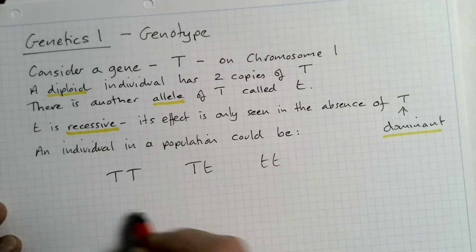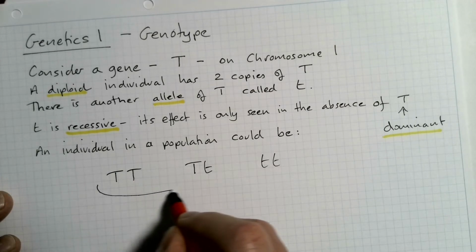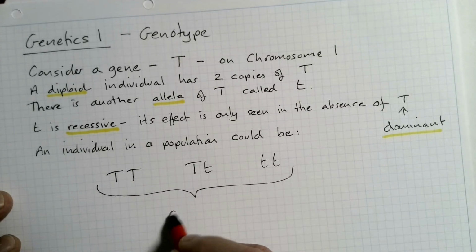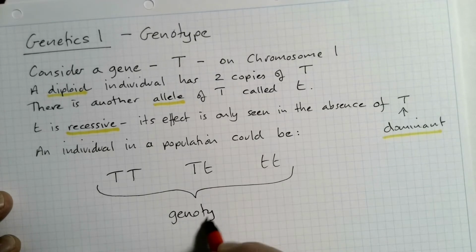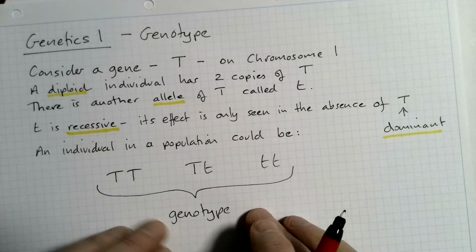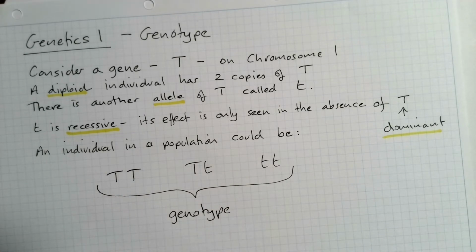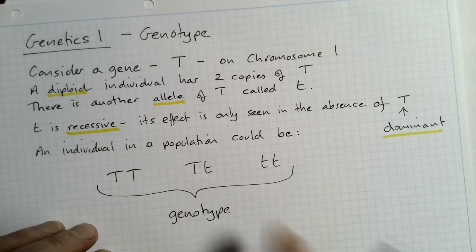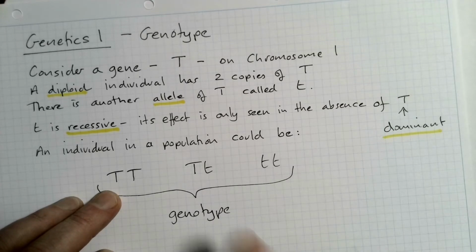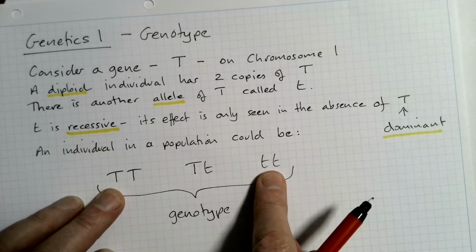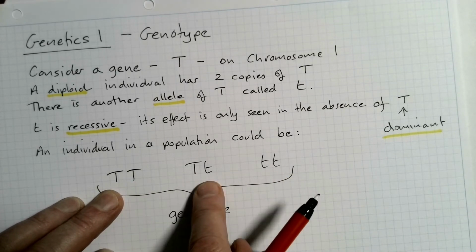Now these are what we call genotypes. They are the actual genes that we're talking about. We're only talking about 1 gene out of all the 30 or 40,000 genes, say, in a mouse. And that gene has 2 different alleles, and any individual can only have 2 copies.